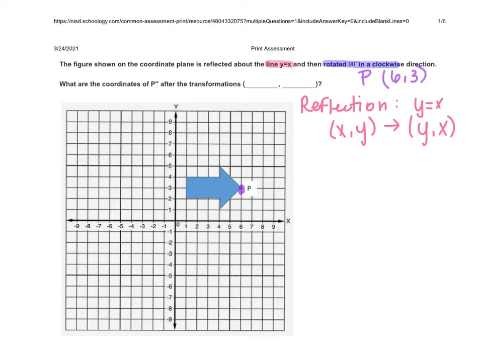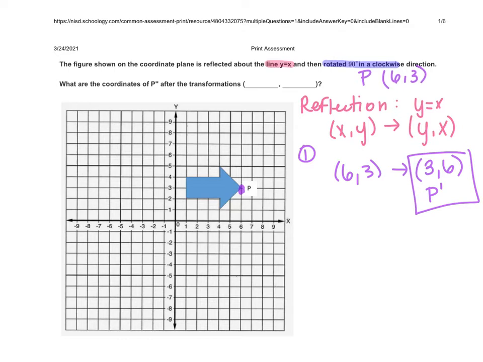Okay, so 6, 3 is our starting point. So when we reflect, this is going to be our step 1. Okay, so we're going to take our point 6, 3, and then we're going to reflect across y equals x, okay, and so we're going to take our x and y values and switch them around. So our value of p prime is now going to be 3, 6.